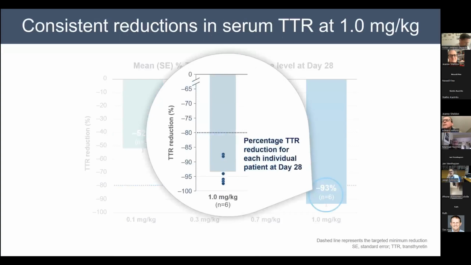Looking at the 6 patients who received the 1 milligram per kilogram dose in a bit more detail, you can see that all achieved a percentage reduction from baseline in serum TTR of greater than 85%, and that 3 of the 6 patients achieved percentage reductions of greater than 95%. In other words, there were no major outliers, if you like, and TTR knockdown in this dose cohort was consistent.